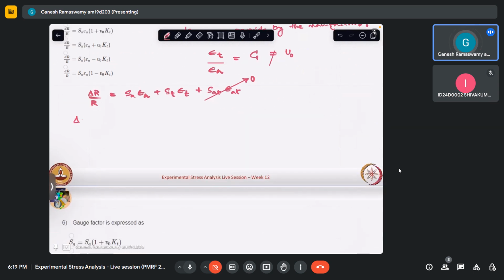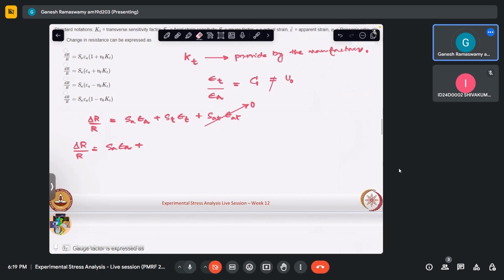So therefore change in the resistance is brought about by Sa epsilon A plus St epsilon T.